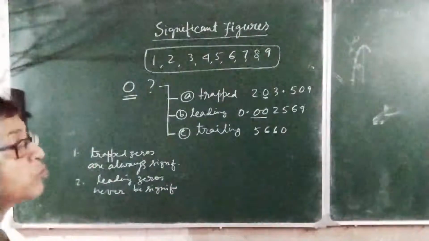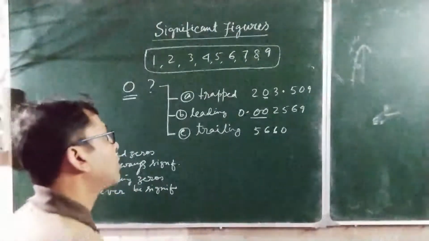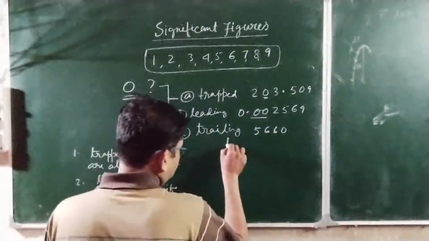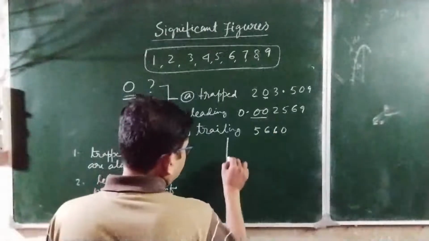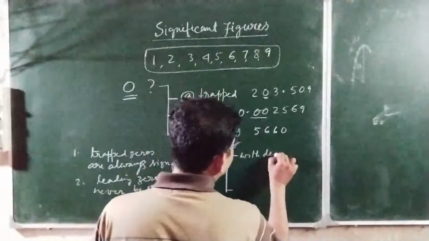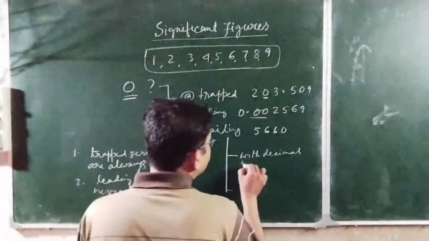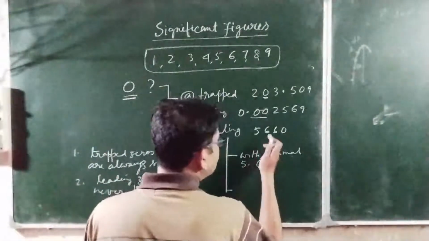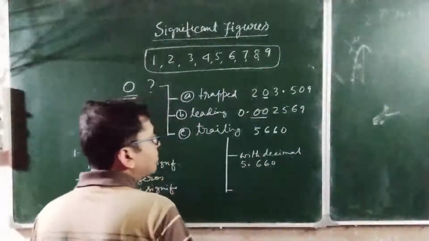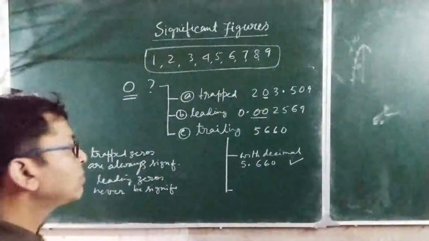But what about trailing zeros? There are 2 options. With decimal, for example 5.660, this one, I am writing this one only with a decimal sign, then this can be considered as significant.